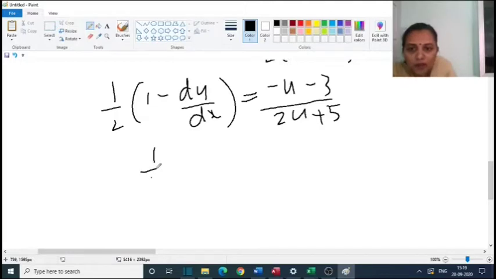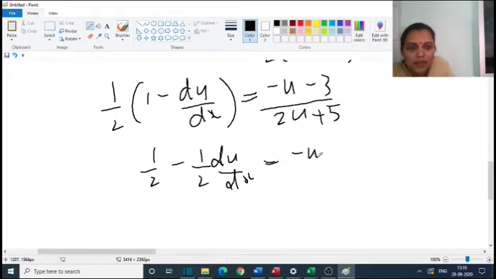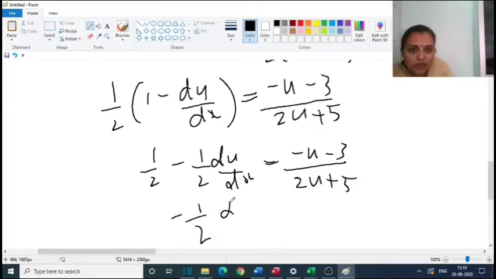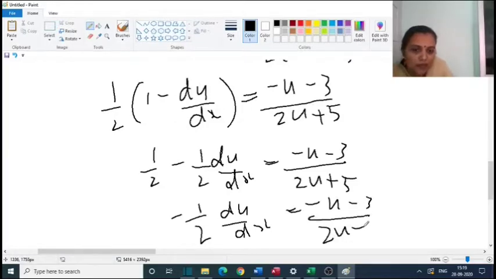So 1 by 2 minus 1 by 2 du by dx equals minus (u plus 3) by (2u plus 5). Then minus 1 by 2 du by dx equals minus (u plus 3) by (2u plus 5) minus 1 by 2.